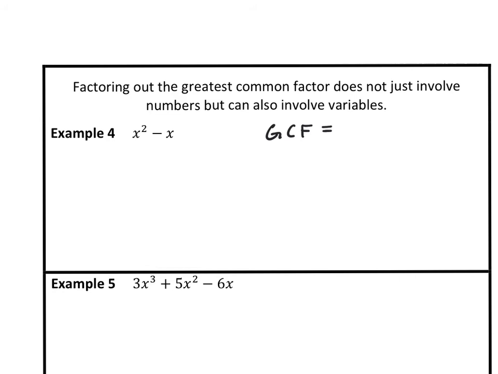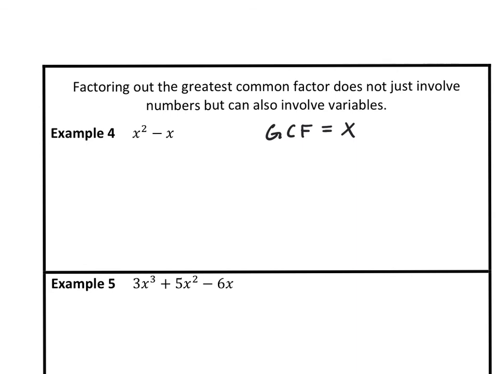Here, even just looking at the numbers in front of the x's, there's nothing unique about it. It's 1 and -1. But if I just look at these two terms here, they both have something in common. They both have an x, right? So my GCF for example 4 will be an x.